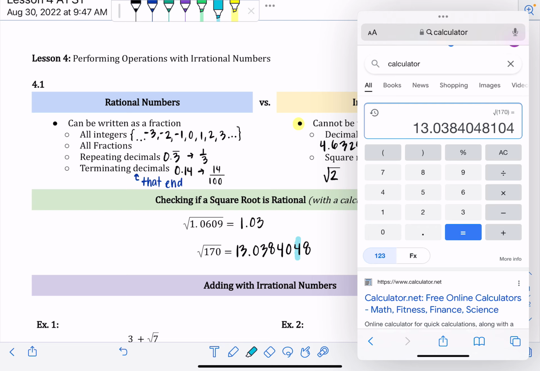I would have to look at the number after it, so I'd have to look at the 8, and if that number in that place is 5 or greater, it rounds this number up, so I'd have to round that 4 up to a 5. So I'm going to round it to 13.038405, and it just depends on what the workbooks or the checkpoints ask you to round to. It'll vary.